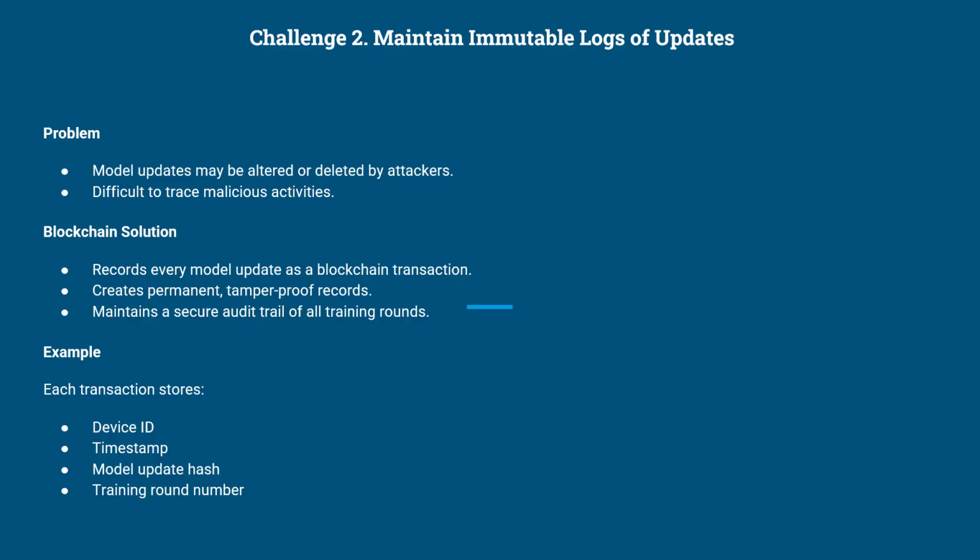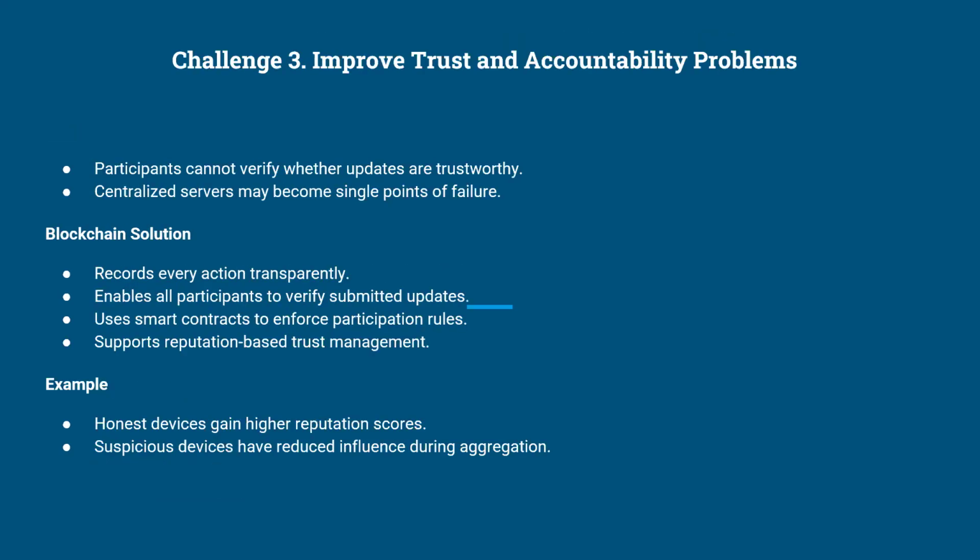It records every model update as a block transaction, which creates permanent tamper-proof records and maintains a secure audit trail of all training rounds. Every transaction is stored with a device ID, timestamp, model update hash, and training round number.